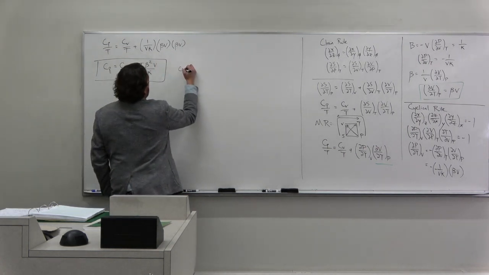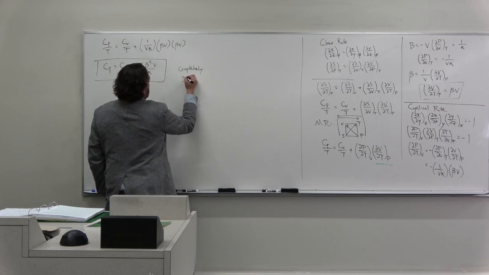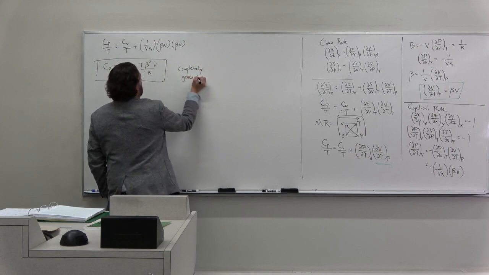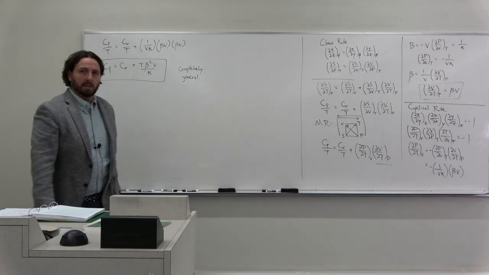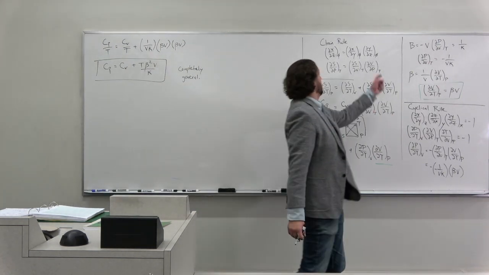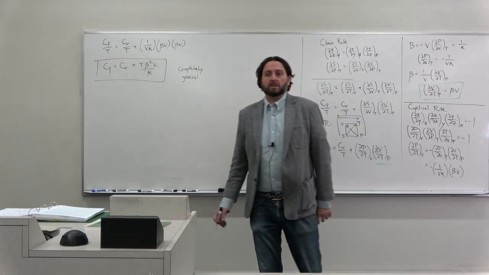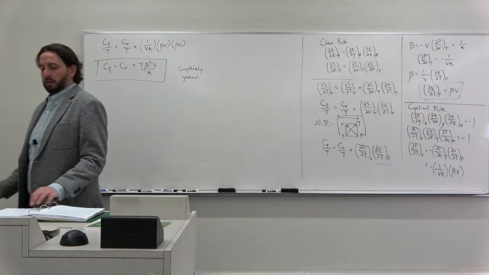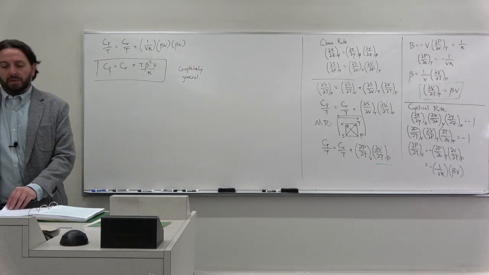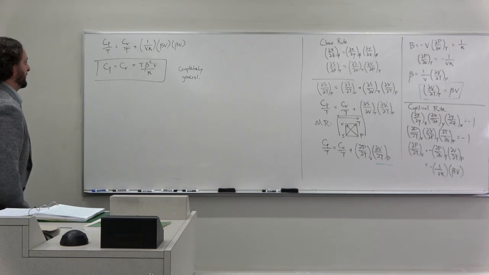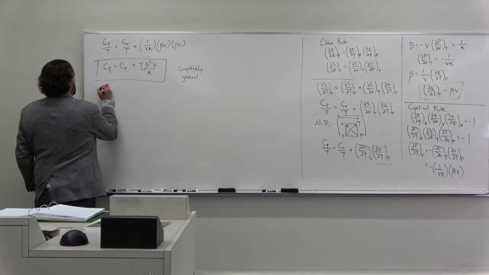And this is completely general, right? We only used Maxwell relations and some of our rules of partial derivatives, our chain rule and our cyclical rule, to come up with a relation that doesn't depend on whether or not it's an ideal gas.